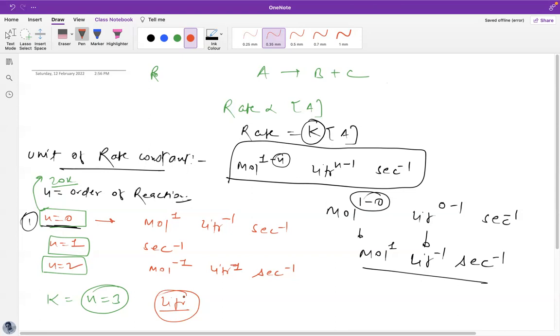Yes, it should be 2. Very good. Because you can see it is n minus 1, so if you put n equal to 3, meaning third order kinetics, when you subtract you will get 2. So liter must be 2. Make sense? Any doubt about this?